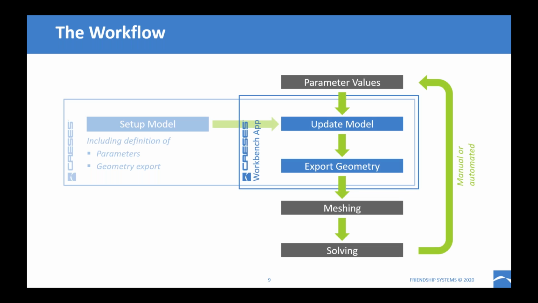There you get a set of parameter values provided by the parameter set of the Workbench. This launches CAESES in batch mode through the Workbench app, updates our geometry model with the current set of parameters, and exports the geometry. The geometry is then sent back to Workbench for meshing and solving, and you can of course repeat the whole process in a manual or automated way and iterate through different designs.